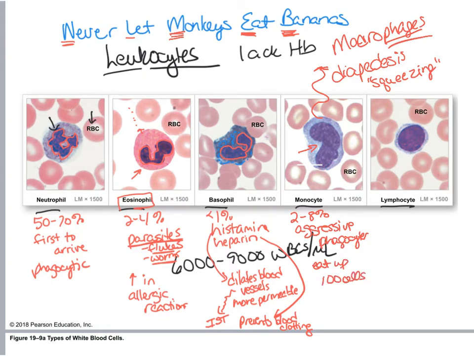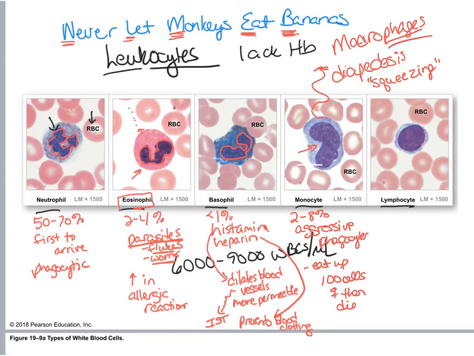So they'll eat 100 bacteria or 100 infected cells, and then they finally die. But they've done their job. They've tried to really clean up the area. So they're very aggressive.